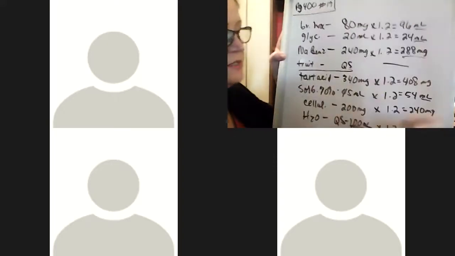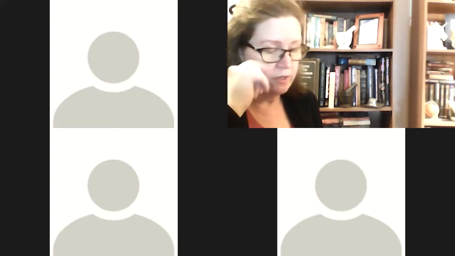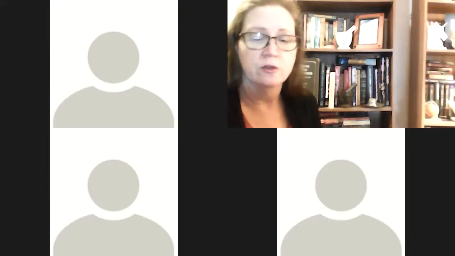And again, it's because powders have different densities and they take up different amounts of space. So you could have a gram of something that has the same density as water and it would take up 1 milliliter, or 1 milliliter of water weighs 1 gram.